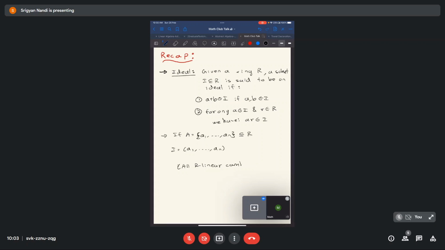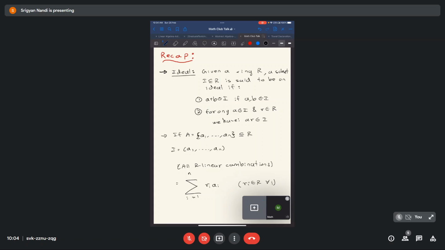They are precisely the sums of ri ai as i ranges from 1 to n, where ri lies in R for all i. This is what it means for an ideal to be generated by a certain subset of R.